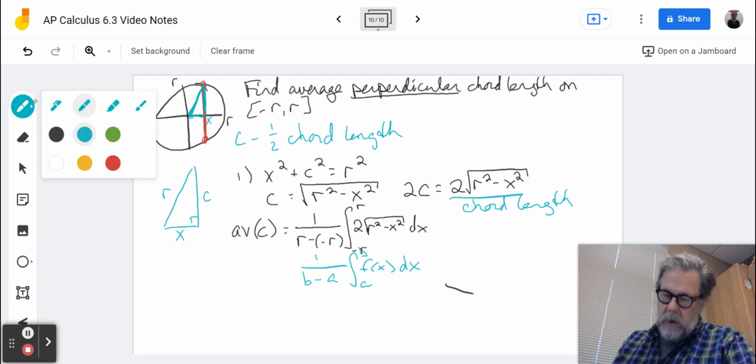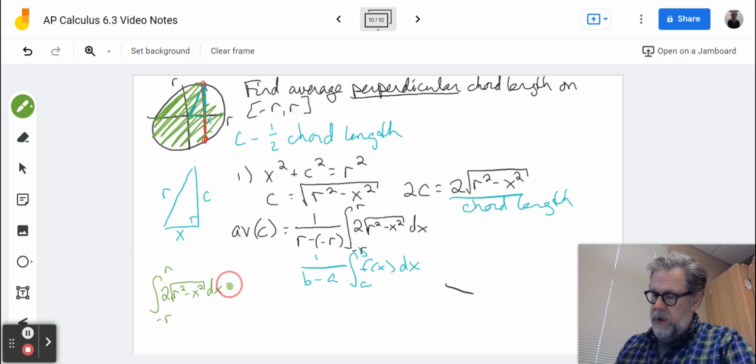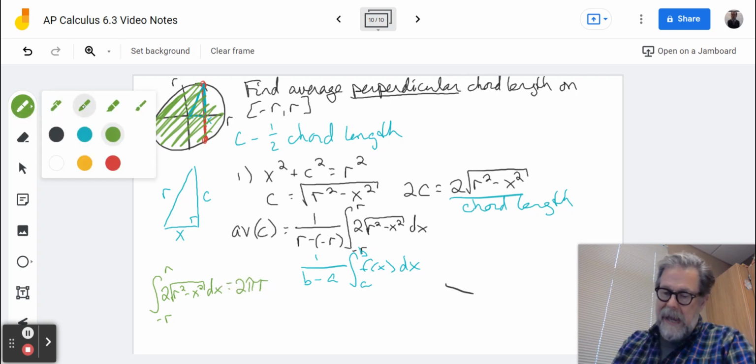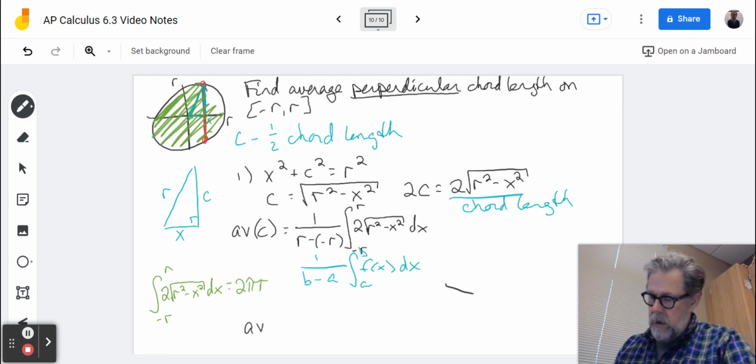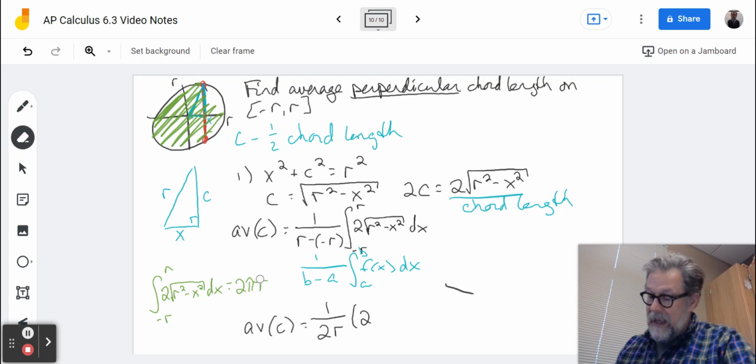So let's think about what we know. The integral from negative r to r of these chords, r squared minus x squared dx, is the area of this circle, which is 2 pi r. Wait, did I really just say 2 pi r? That's super awkward.